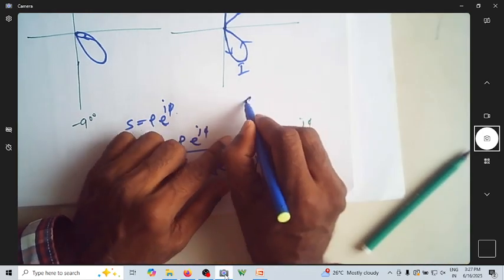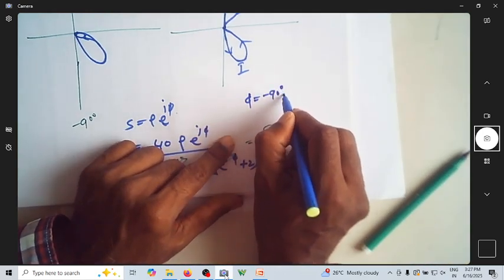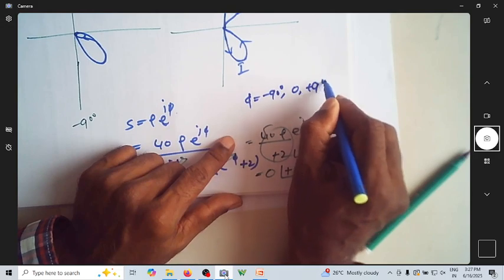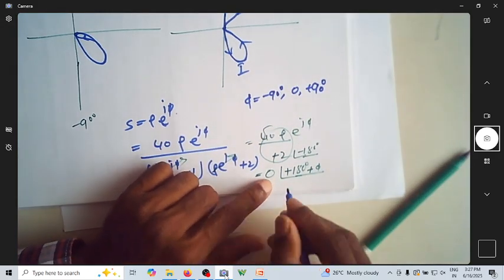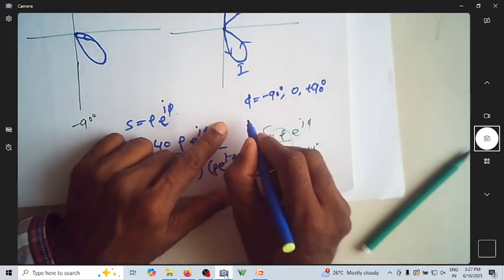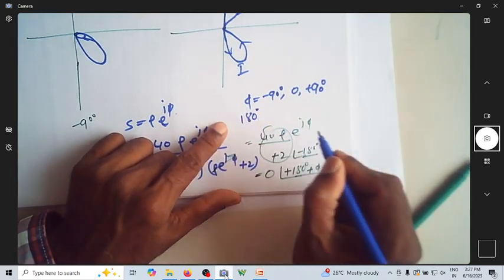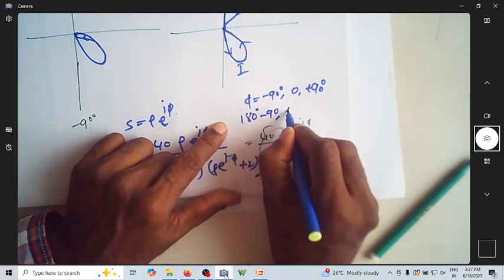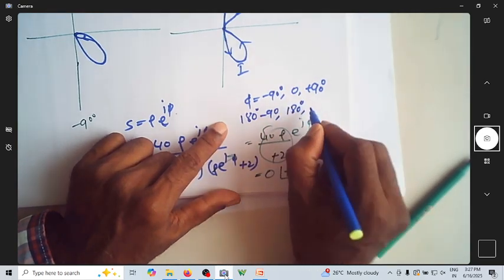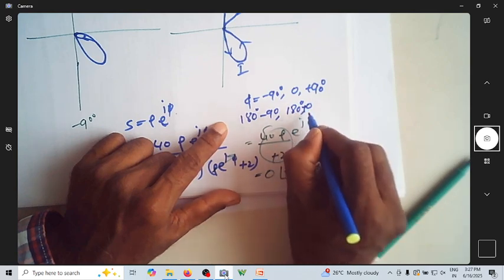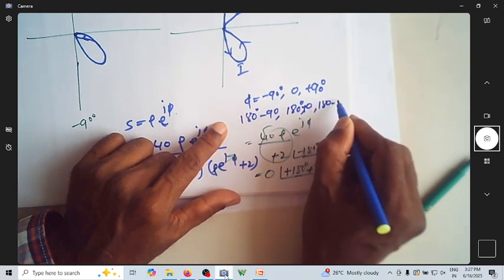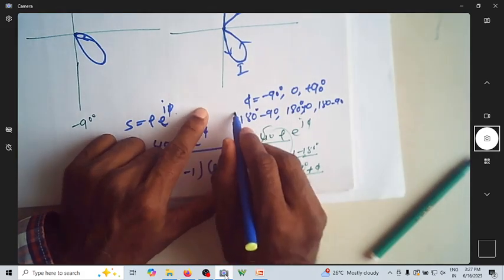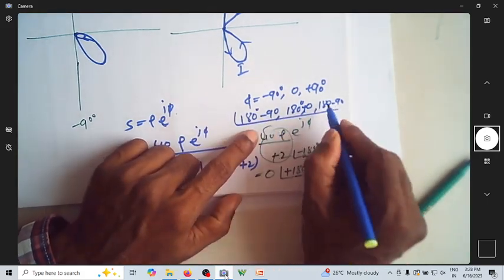So phi is ranging from minus 90 degree, 0, plus 90 degree. So then this will become 180 degree minus 90, 180 degree, 0, 180 degree plus 90. Sorry, this is plus.